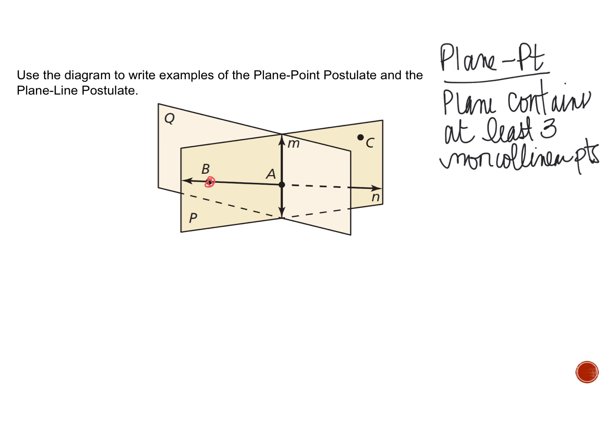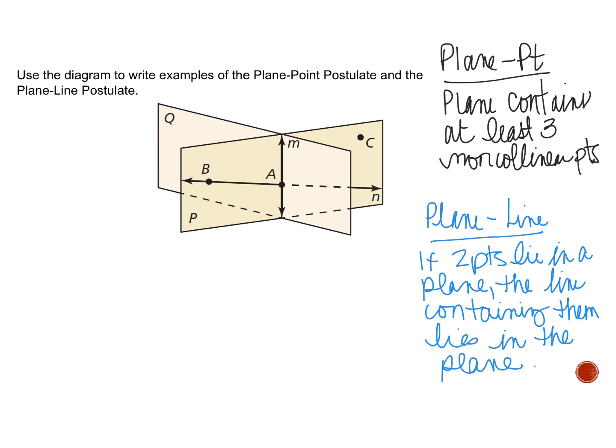So if we look at points B, A, and C, you can see that we have 3 non-collinear points, and those 3 non-collinear points are actually going to lay on a single plane, and you can see right here that that plane then is going to be plane P. So they all kind of lay on this plane right here, if you can visualize that.